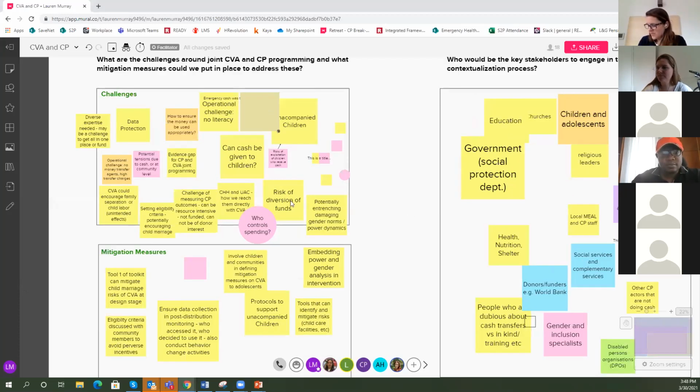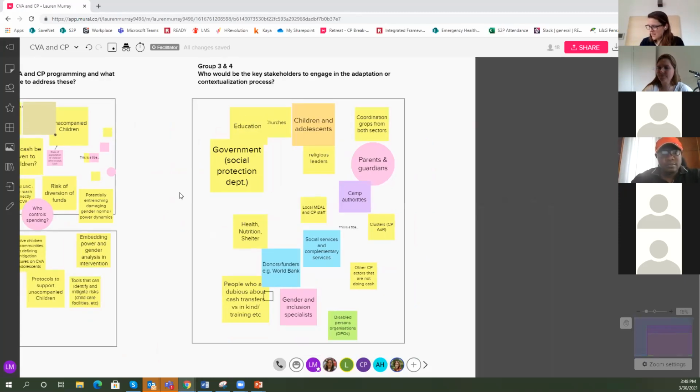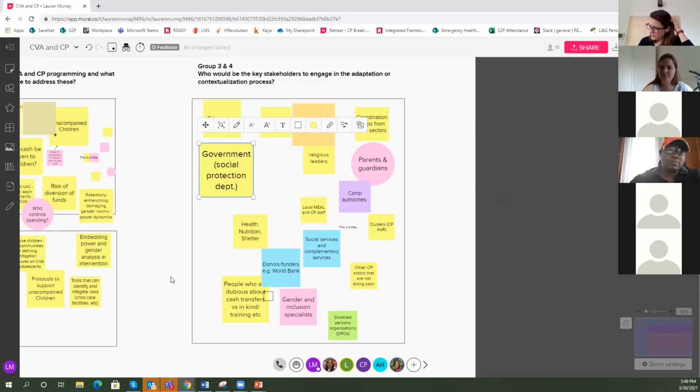And we included and discussed your cash officers and cash advisors in your local context, your child protection advisors. You'd be wanting to talk to education cluster and, depending on the objectives of your program, other clusters that are seeking to meet those same objectives.